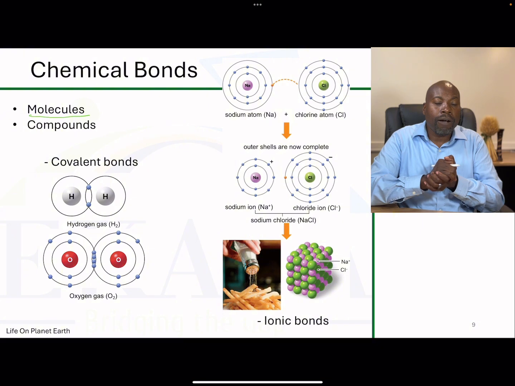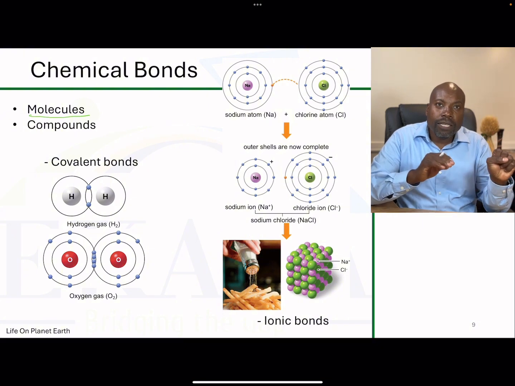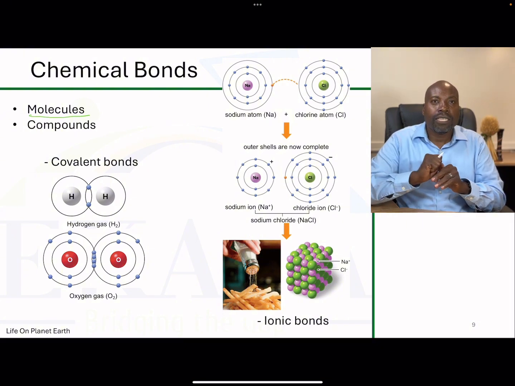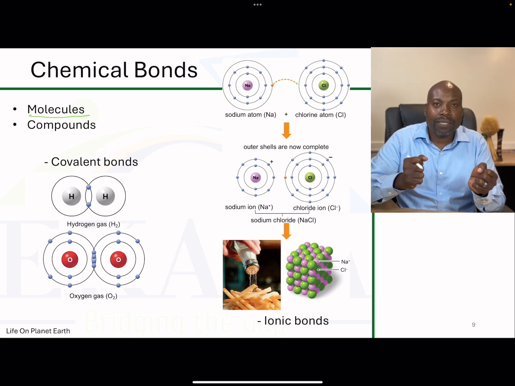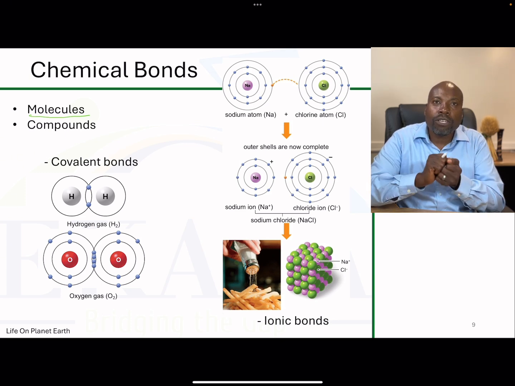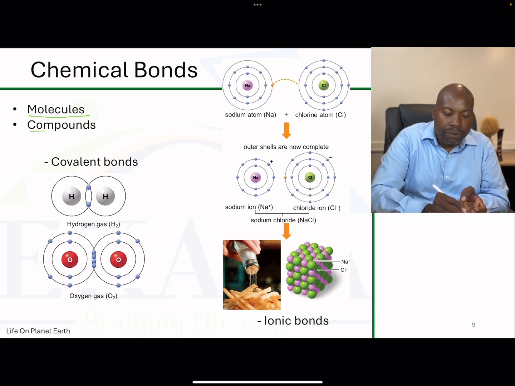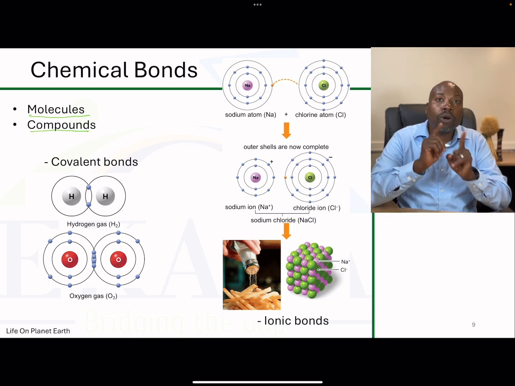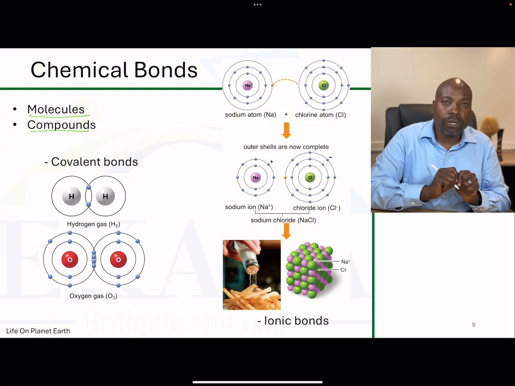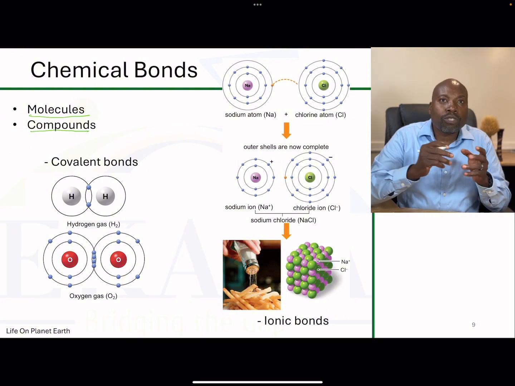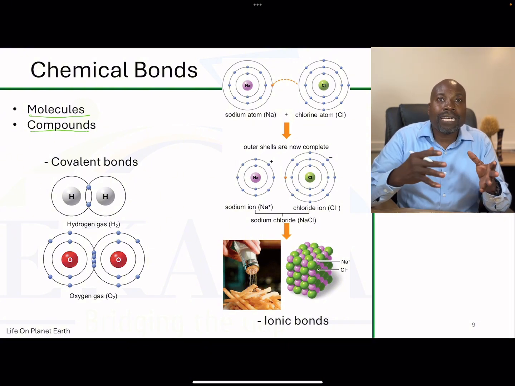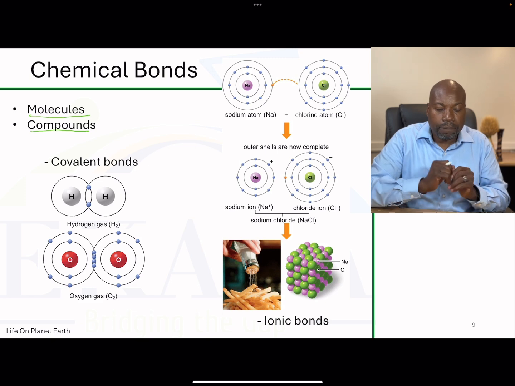Water is made up of oxygen and hydrogen. These are two different elements. In that case, the molecule of water is considered a compound. Okay? A compound is a type of molecule that is composed of different elements, right?